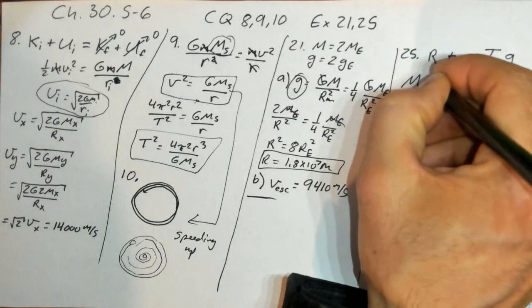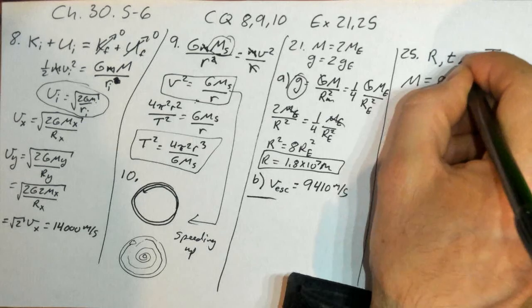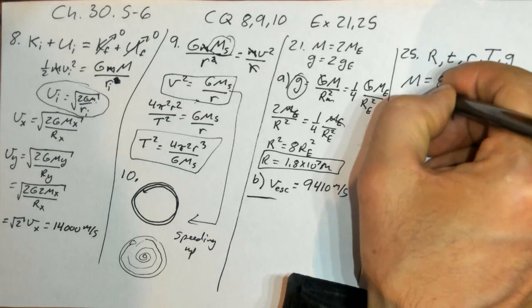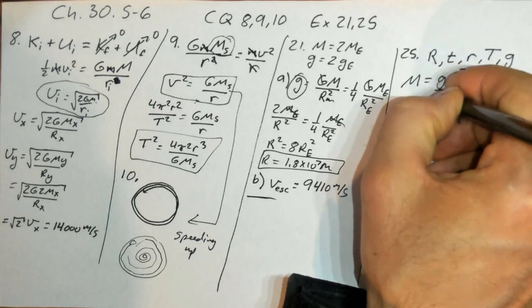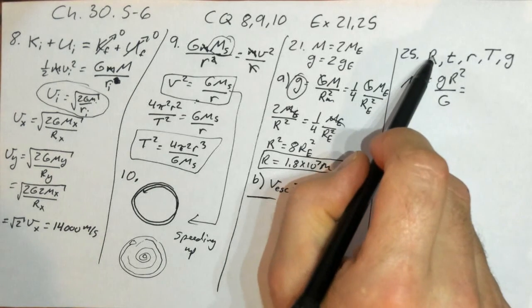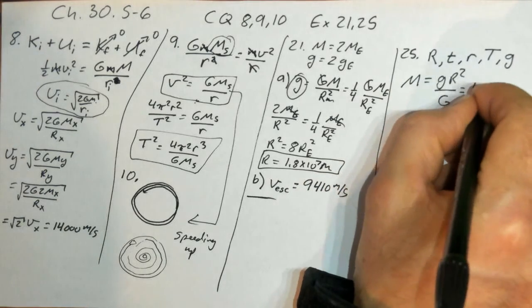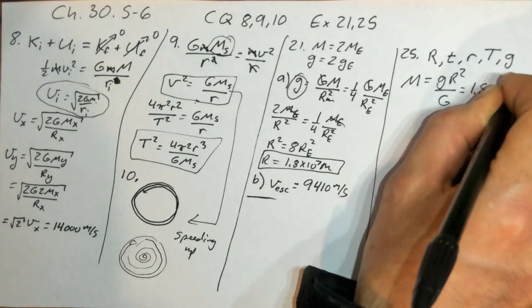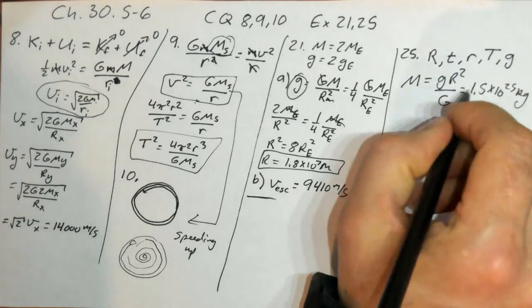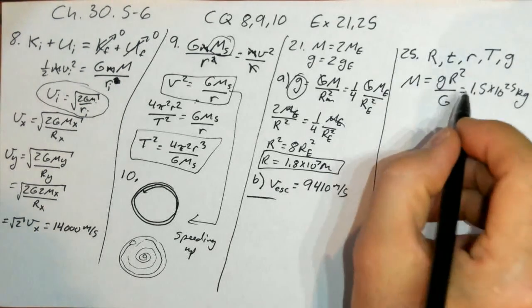Solving for the mass in that one, we have g r squared over big G. If you plug in your numbers there, being careful that they give the diameter, but you need the radius, so divide that by 2. You get 1.5 times 10 to the 25th kilograms. Which seems reasonable. It's close to the mass of the Earth, so it seems like a reasonable mass.